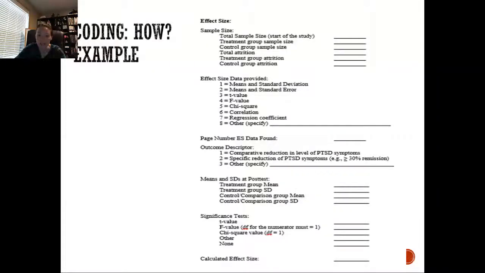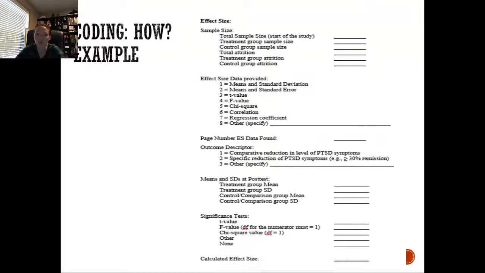So let's look at an example of what the effect size coding would look like for a standardized mean difference coding manual. You're going to want all of your N data for each of your groups. So we start at the top with sample size. You're going to want the overall total sample size that was at the beginning of the study when they recruited all of the participants up front.